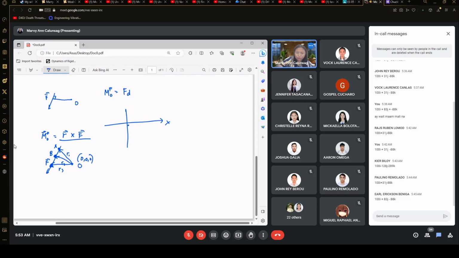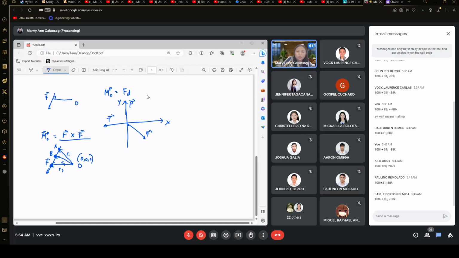Suppose this is your Cartesian plane, and then you have force T, then you have your force P here, and then you have your force F here.